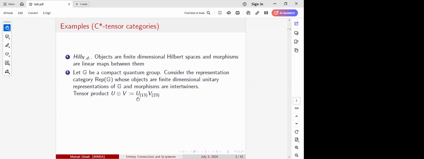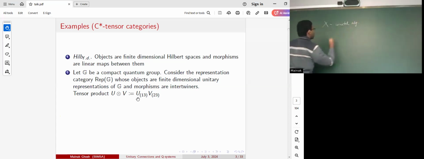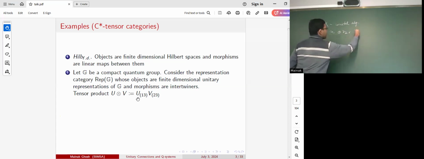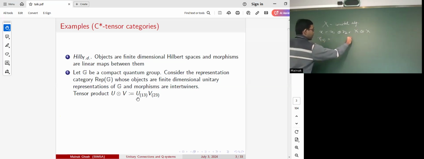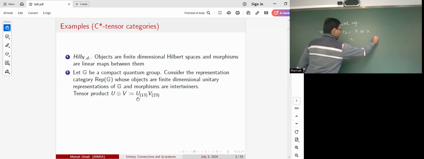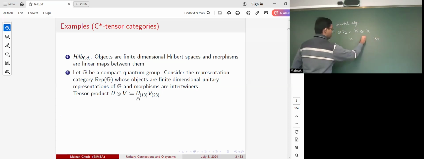Okay. Take the unitary algebra, and say x, small x, equal to x1 tensor x2, be an element which transfers x. Then the element x1 is defined as x1, x2, 1.